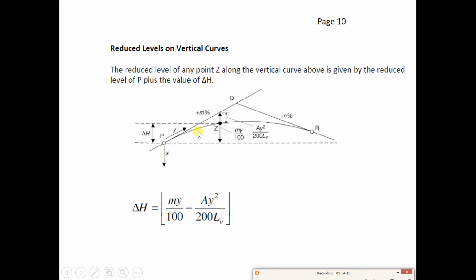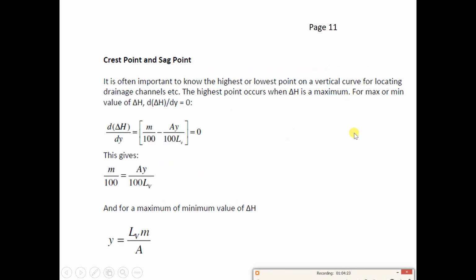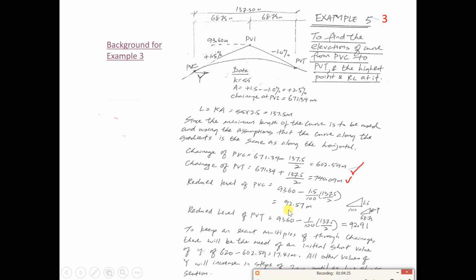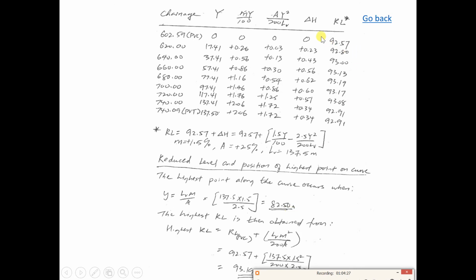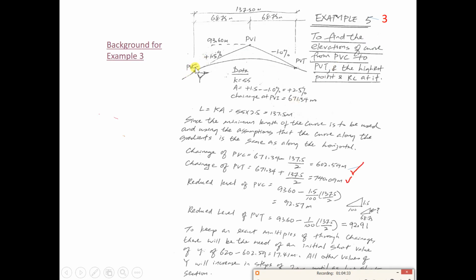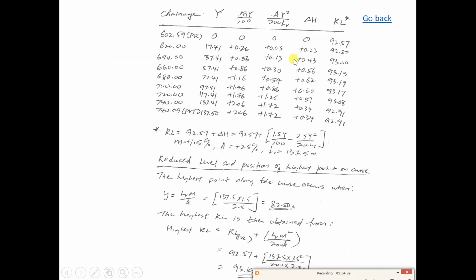Like in our example is 20-meter interval, and then we get the delta h. So I get the delta h here, and then the reduced level, because we know the first reduced level at this point here is 92.57 at PVC.